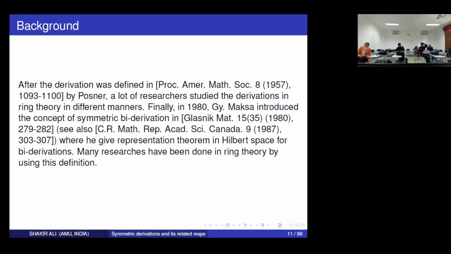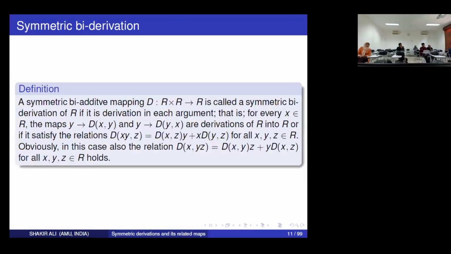So first, let me give the precise definition, and then we come to its side. Look at the definition very carefully, because we will make many things around this definition.